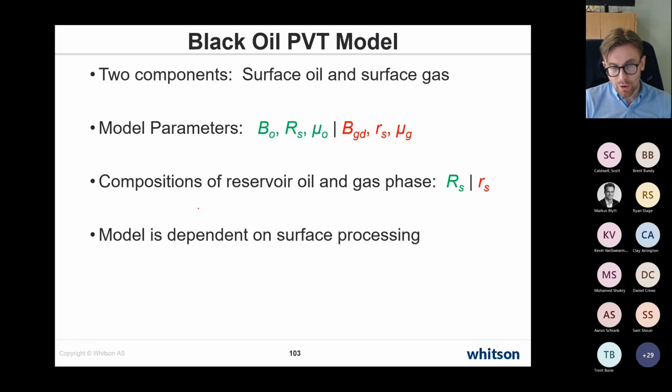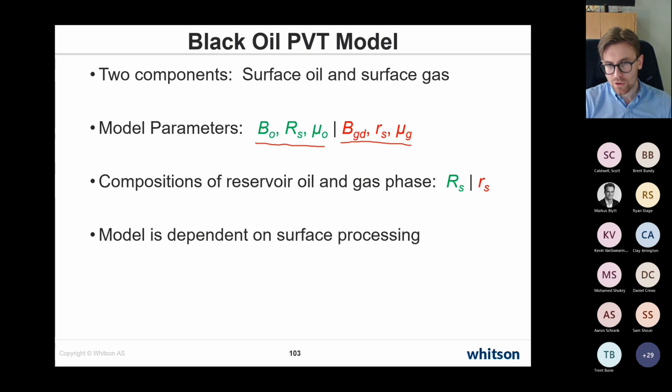So in a nutshell, if you summarize it, it's 2 components, surface oil and surface gas. There's 3 parameters for each phase: the formation volume factor, the solution GOR, and the viscosity. The GOR tells you how much there is of each phase, so that's basically the composition.